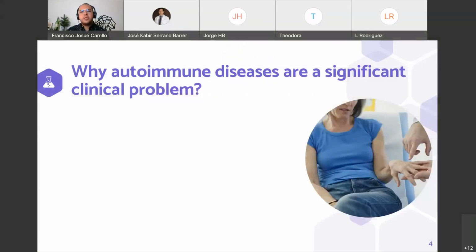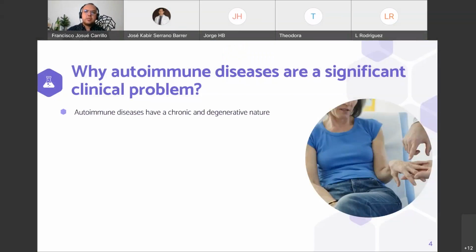So I'm going to start talking about how important autoimmune diseases are in the clinical field. Why are they a significant clinical problem? First, autoimmune diseases have a chronic and degenerative nature.